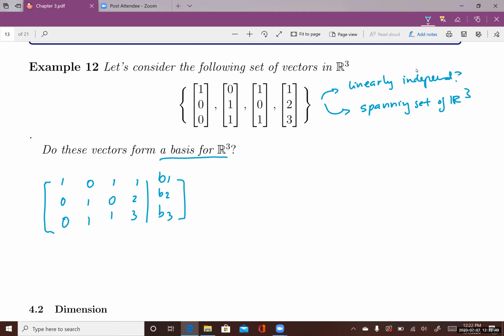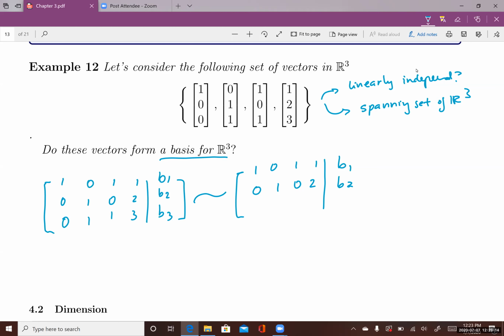And then I'm going to reduce this matrix to answer these questions. Are these vectors linearly independent? Are these vectors a spanning set of R3? Okay. So I reduce this to 0, 1, 0, 0. B1 is the first pivot row, and then this is good. So this is the second pivot row, should be 0, 1, 0, 2, B2.